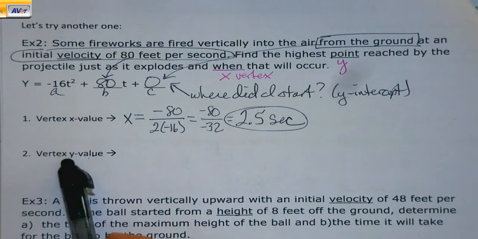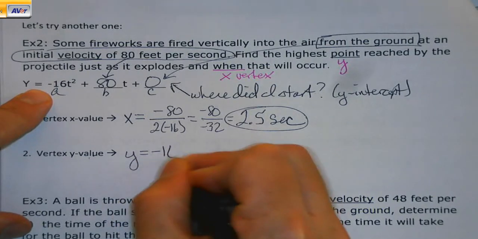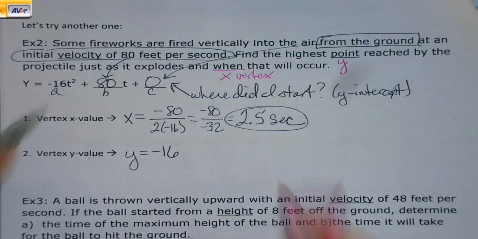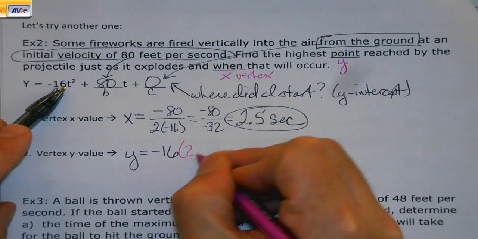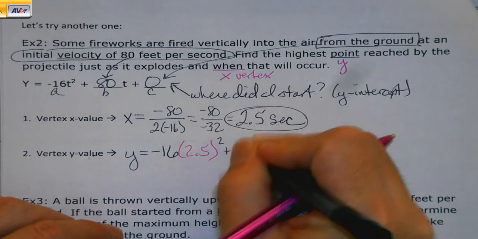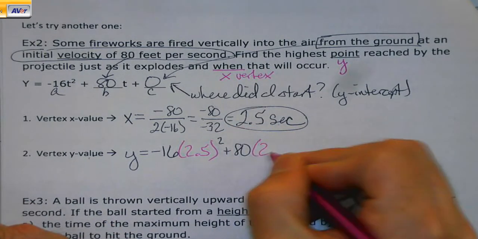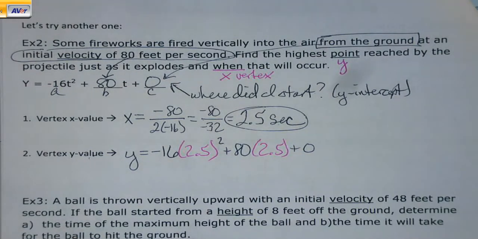My y value, go back to the equation. And any place that you see a variable, you replace it with your answer from the first part. I type that whole line into my calculator.